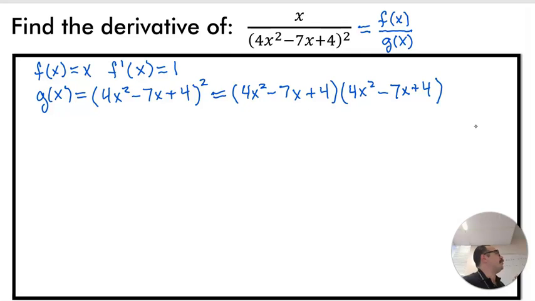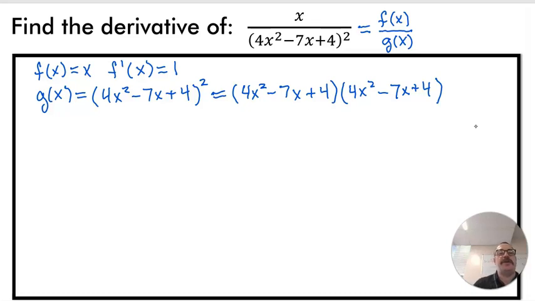We can either multiply it out now and then differentiate it, or we could use the product rule on it in its current form and then multiply it out. Now, which one's going to be better? They're both relatively about the same amount of work, but since we haven't really multiplied it out first yet, we'll take a look at that and see what happens.